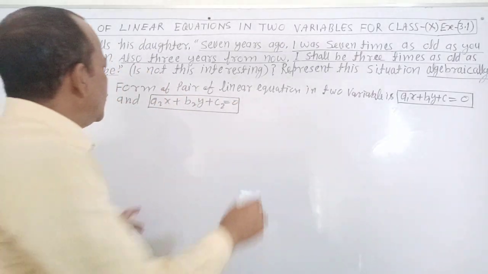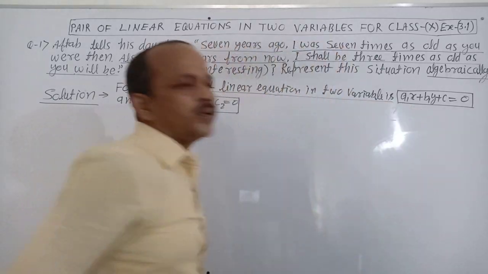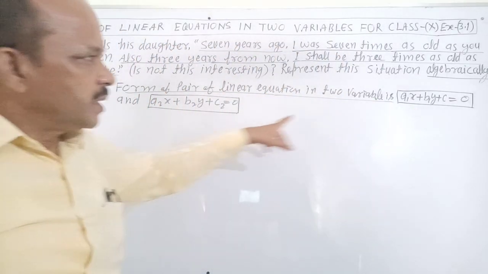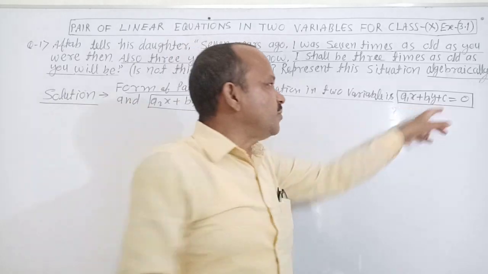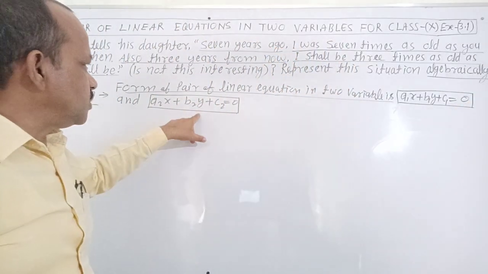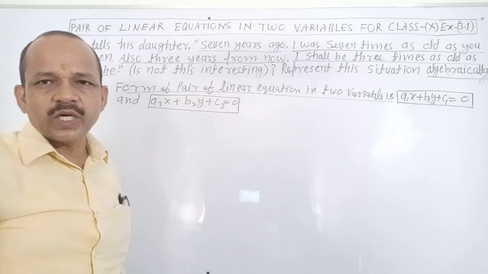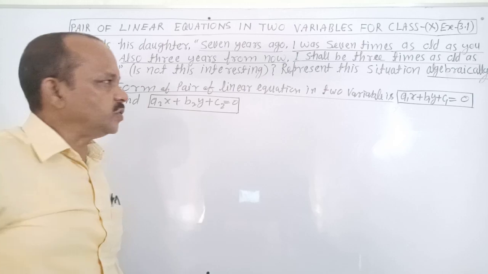It is the form of a pair of linear equations in two variables. It is clear? No confusion about it?